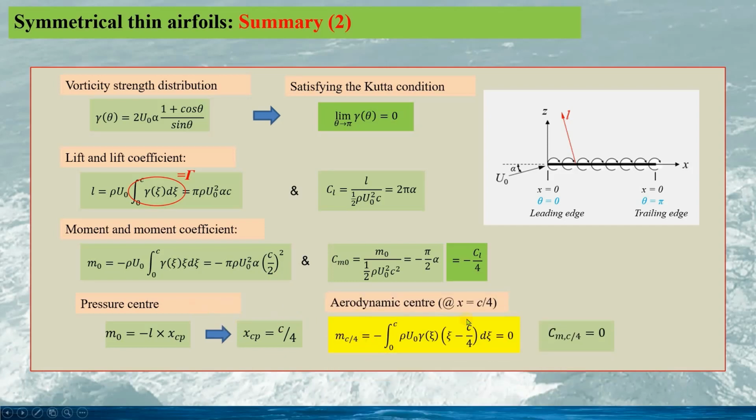This pressure center coincides with the aerodynamic center, which is at quarter chord, since the moment with regard to the quarter chord is 0, a constant, which is the definition of the aerodynamic center.